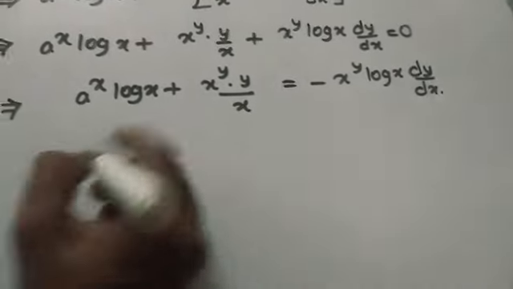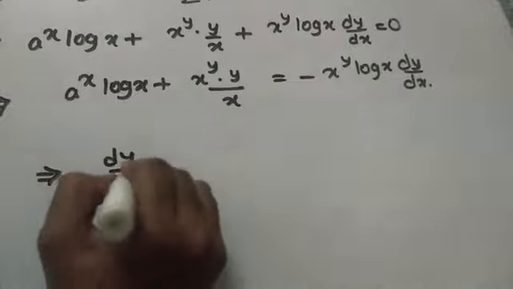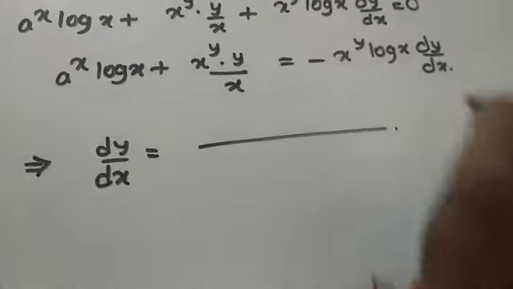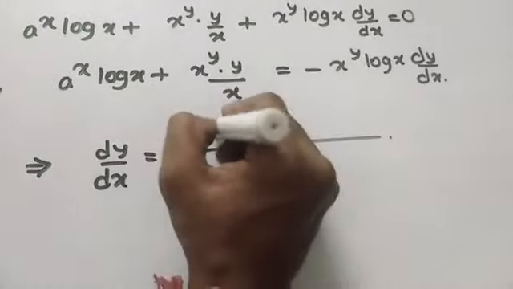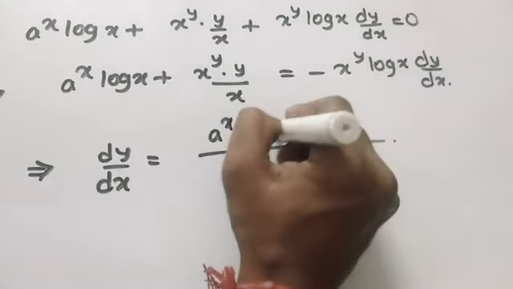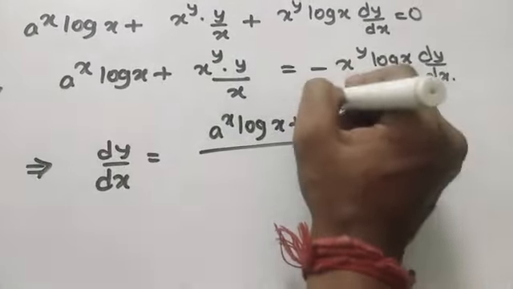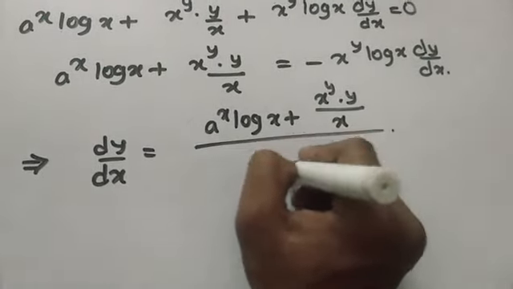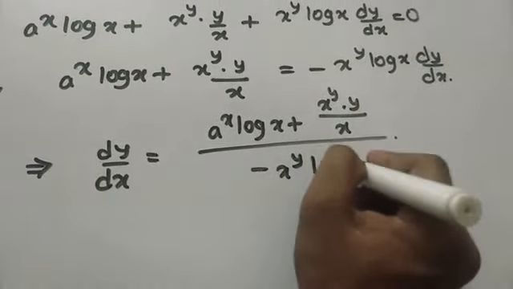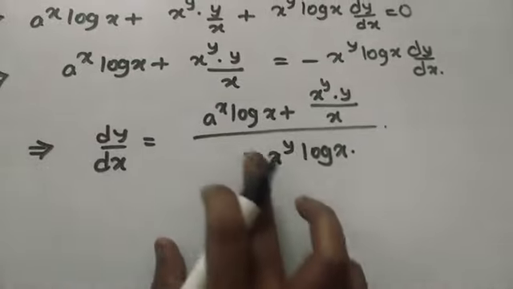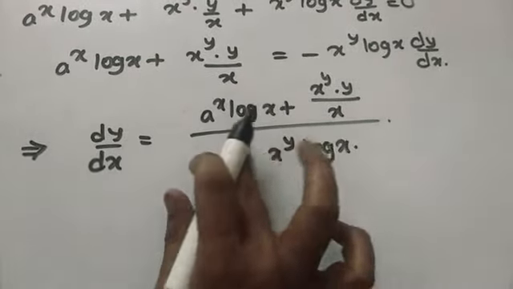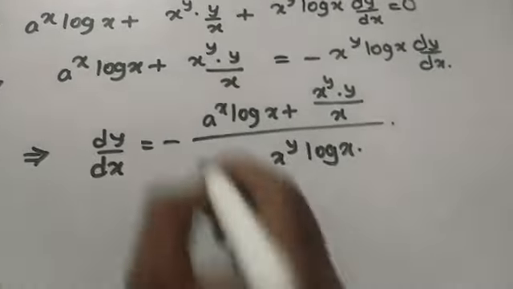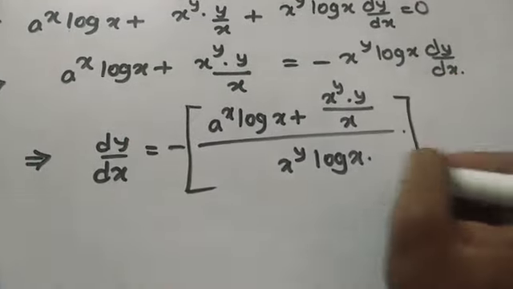So finally dy by dx equals to minus of a to the power x log a plus x to the power y by x, divided by x to the power y log x, and simply this is our answer.